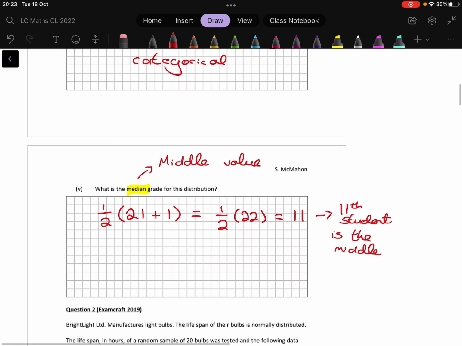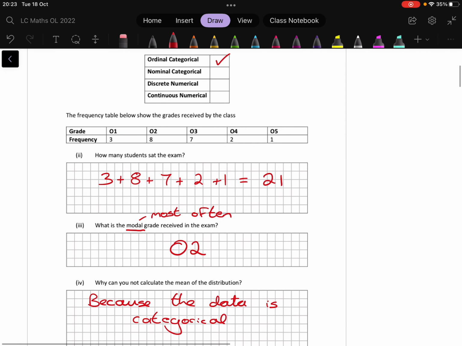So now we have to scroll back up to our question and work out where the 11th student is. So we can see for the first grade, O1, we had 3 students. The frequency was 3, so it's not in O1. For O2, we have 8 students. If we add those together, we get 11. And that tells us that the 11th student received an O2.